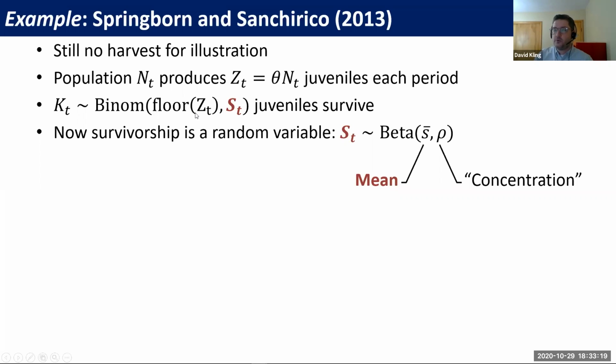So the number of produced juveniles each is, you have with a little rounding here, you have Z trials, of which you get K successes. But the probability of success is, as I'll explain a little further in a moment, is no longer fixed.